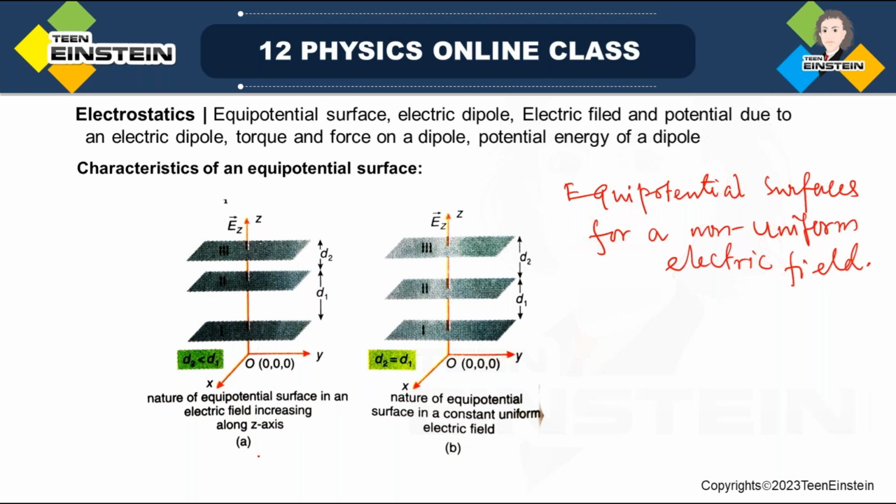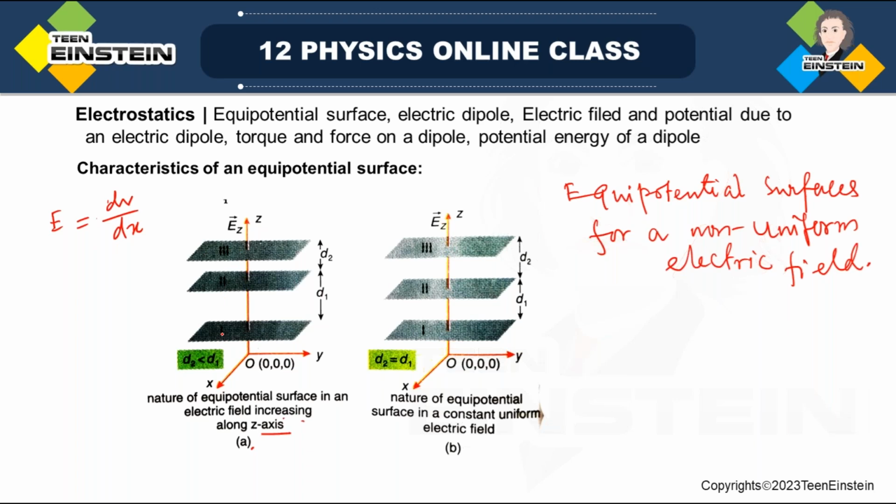Let us take two cases, first one and second one. See here, nature of equipotential surfaces in an electric field increasing in the z direction. We know E is equal to dV by dx. So in which direction will the electric field increase? If the electric field increases, the spacing between the equipotential surfaces changes like this.